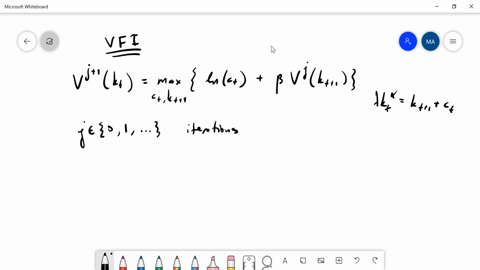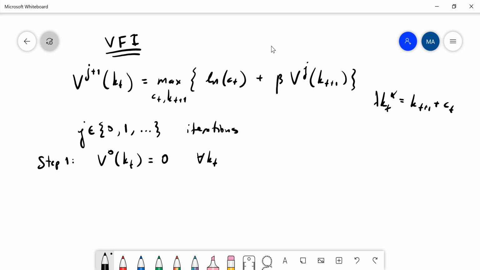So in step 1, we want to start with a value function, this is for j equals 0. We want to start with a value function that is very simple. What could be the simplest form of the value function? It's very simple: 0.